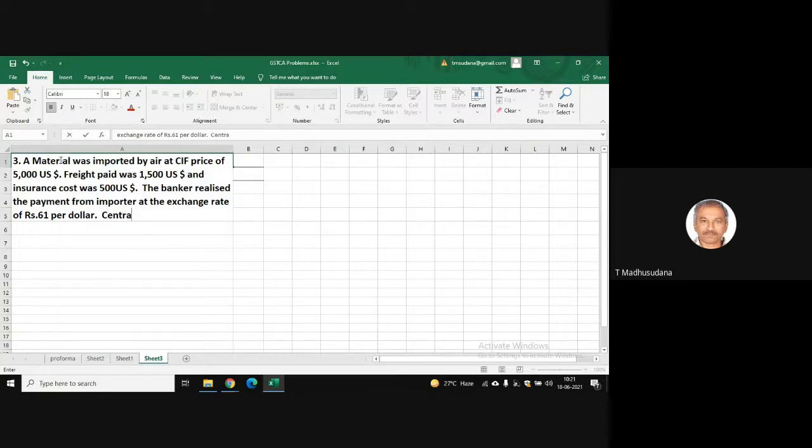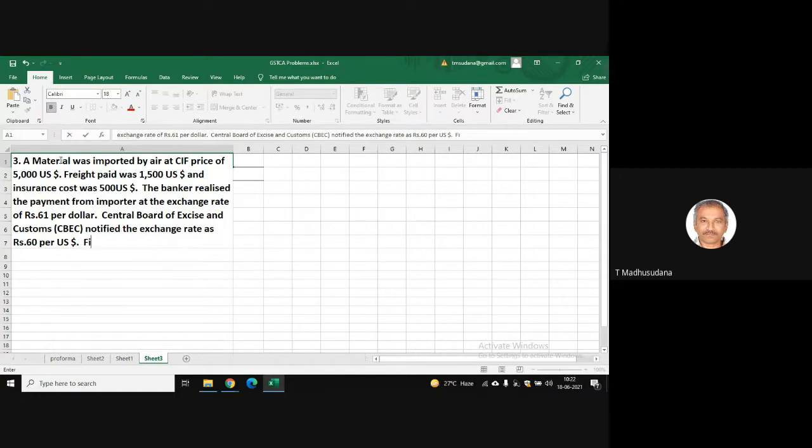The Central Board of Excise and Customs, that is CBEC, notified the exchange rate as rupees 60 per US dollar.